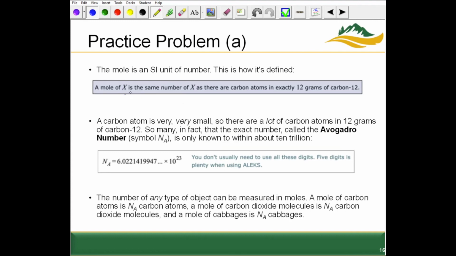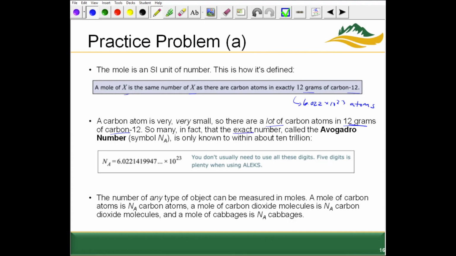A mole of X is the same number of X as there are carbon atoms in exactly 12 grams of carbon-12. A carbon atom is very, very small, so there are a lot of carbon atoms in 12 grams of carbon-12. How many atoms are in 12 grams of carbon-12?